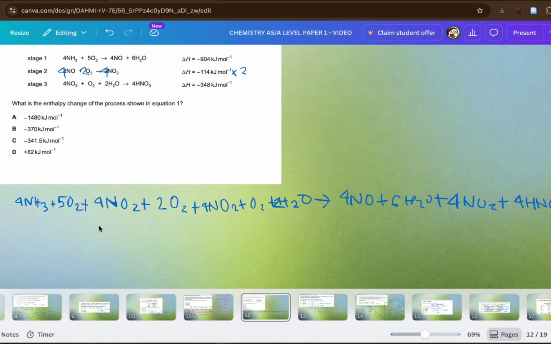We see on the left and the right hand side, the ones that are the same are 4NO2 and 4NO. So we cross them off. Oh, sorry, there seems to be a mistake here.